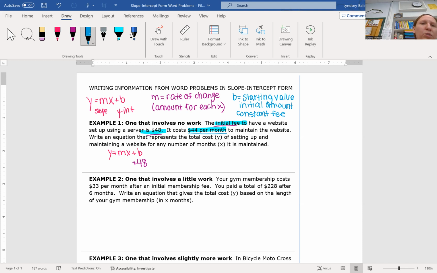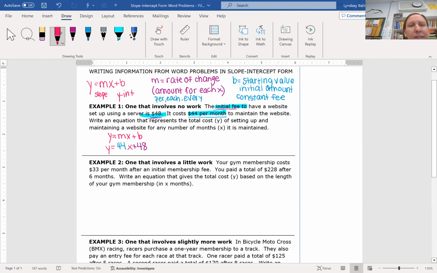When you see that per, that each, that every, that is often a good indication that that is what you're multiplying your x by. So in this case, it is 44x. And our final equation is y equals 44x plus 48. $48 to set it up, and then $44 for each month. Okay, that one wasn't so bad.